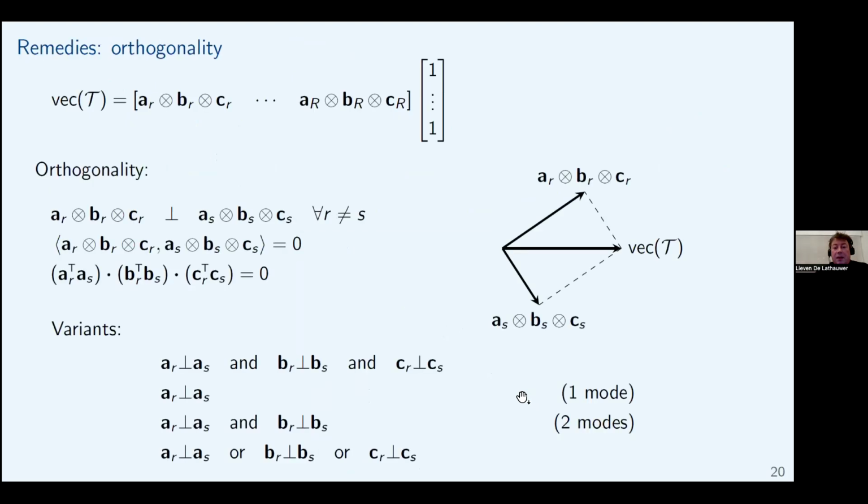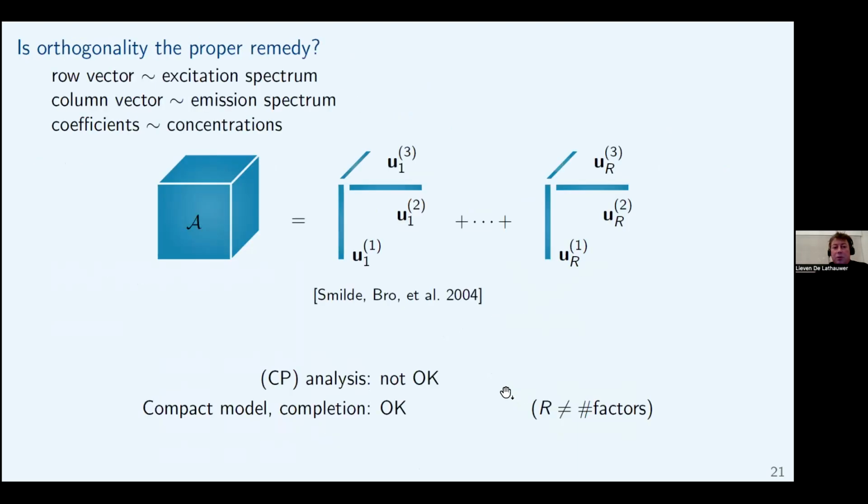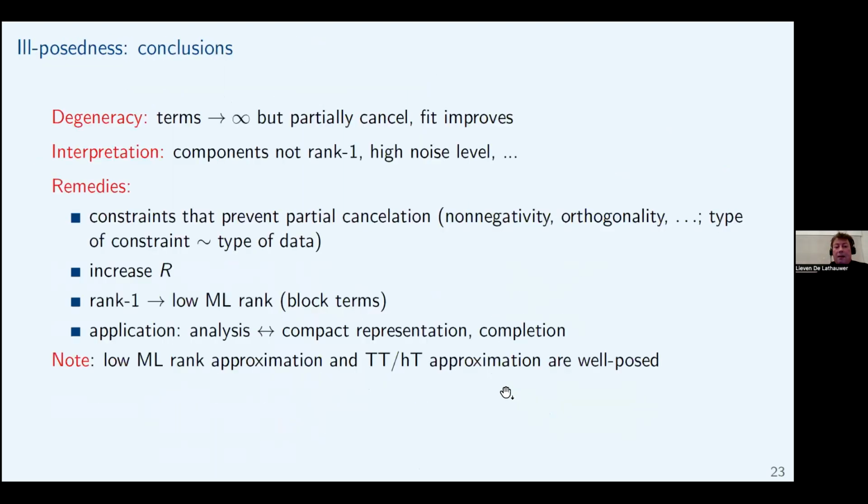Okay. There are some remedies, but I won't discuss them. But what I will briefly mention is that very often people present this as, okay, so you can have these swamps, it's difficult, maybe it's ill-posed, so it's a nightmare. Well, actually, it depends on how you look at it.